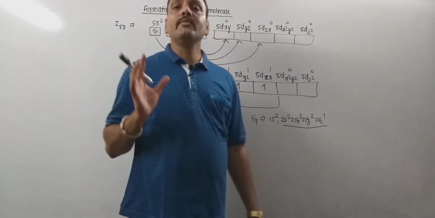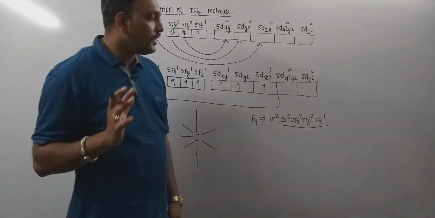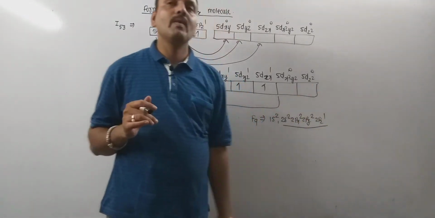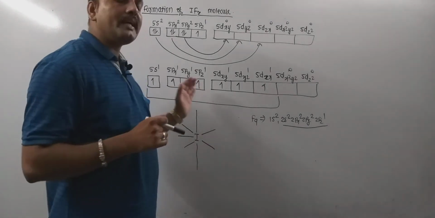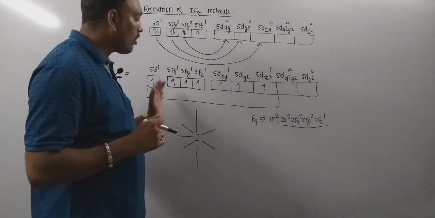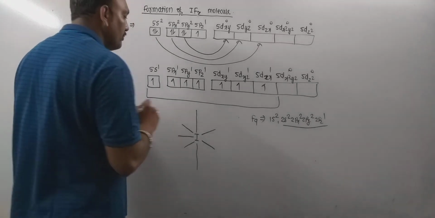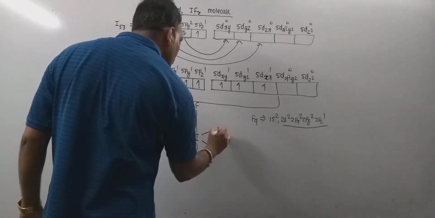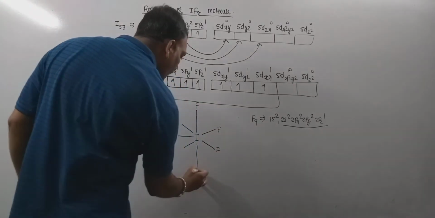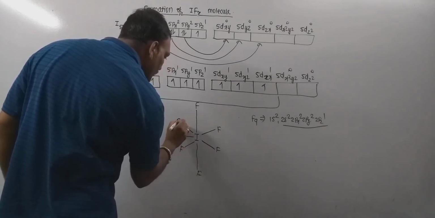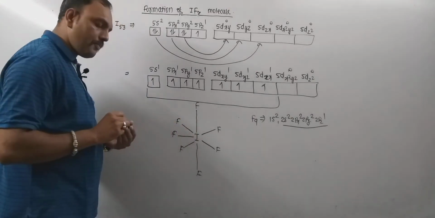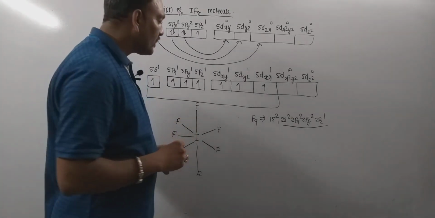So 7 fluorine atoms along with half filled pz orbital come closer to the iodine and overlap with sp3d3 hybrid orbitals of iodine, which lead to the formation of 7 I-F bonds that leads to the formation of IF7 molecule.